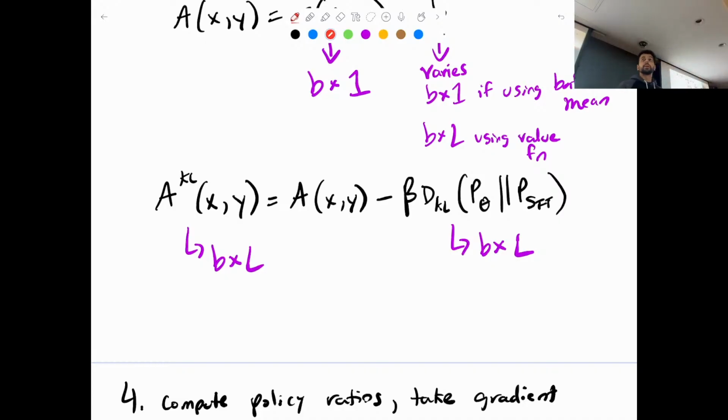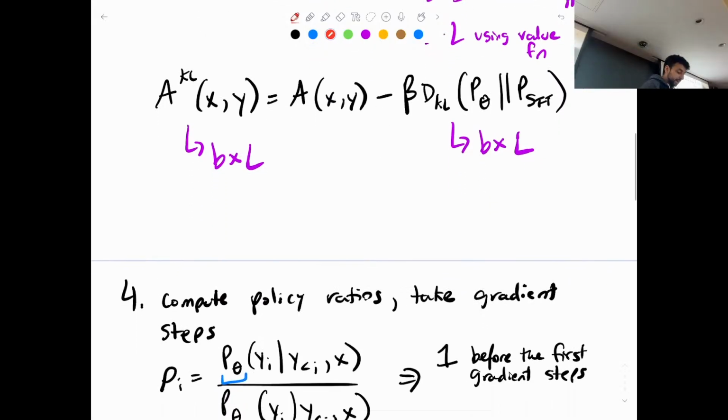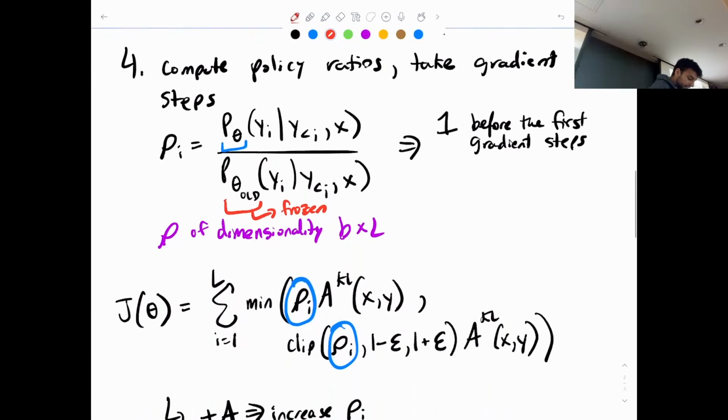It's again a point of reference for us to measure how much we're deviating away from this instruction tuned model. But importantly here, the advantage is completely kept frozen. So we are not going to backprop through the KL penalty in the advantage calculation. Basically the only thing that we are passing our gradient through is this policy ratio, specifically the numerator of the policy ratio.